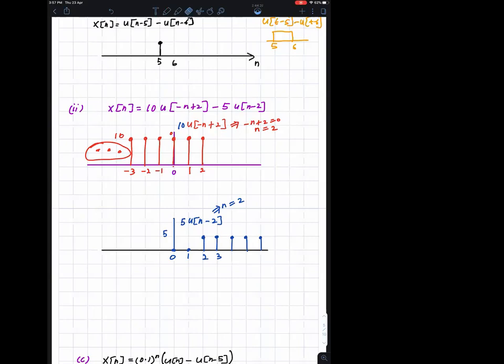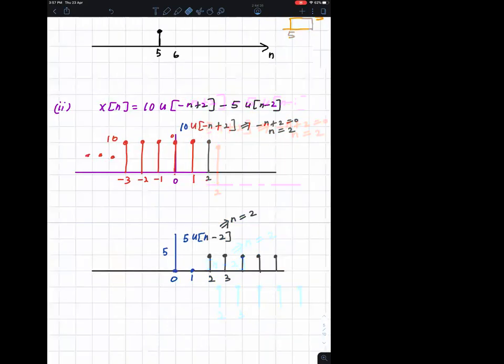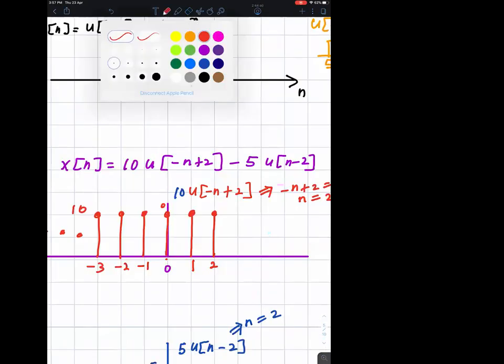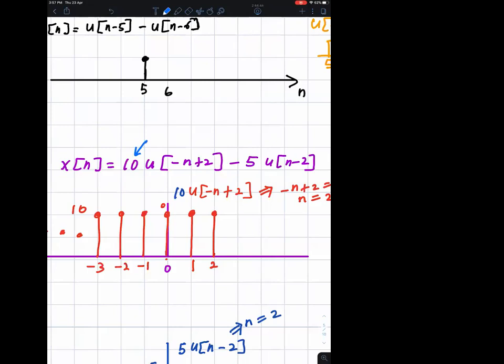Okay, what's outside the u? If you look at this carefully, this is the amplitude.